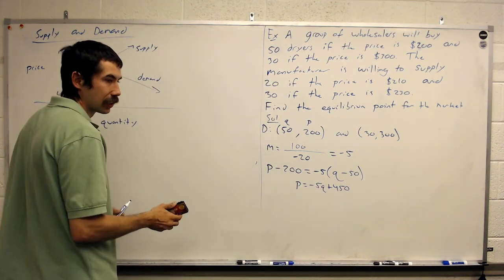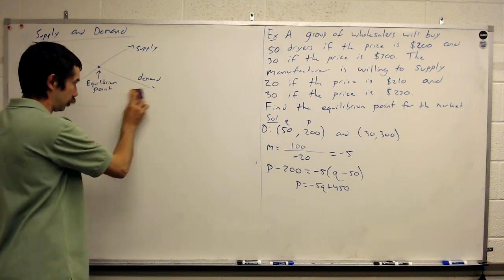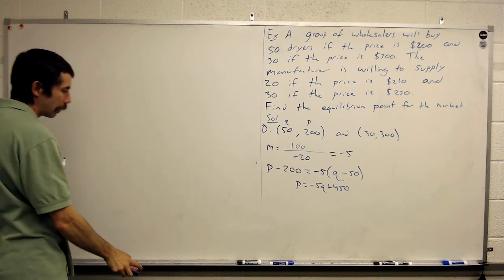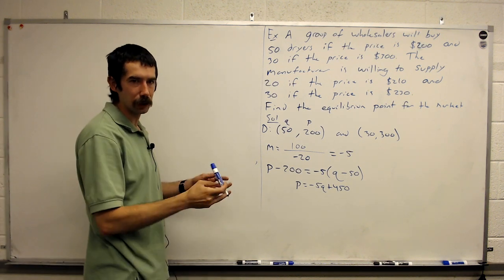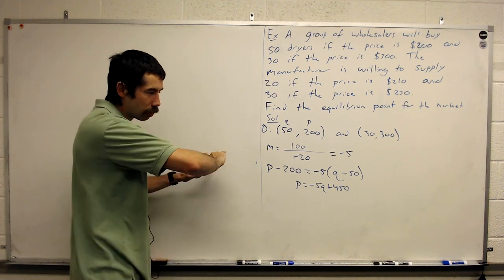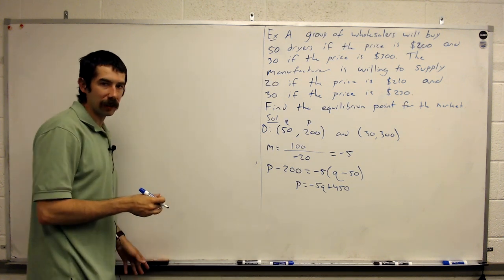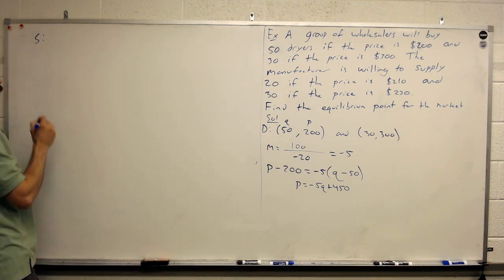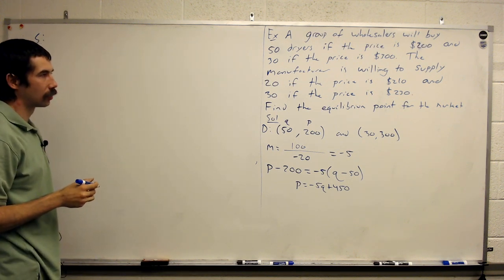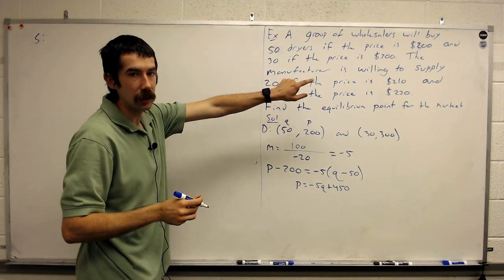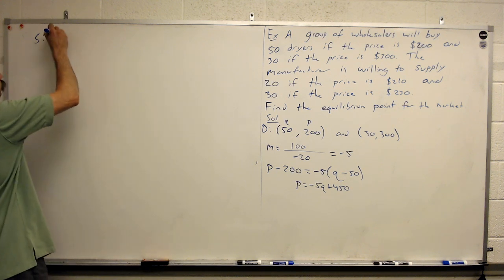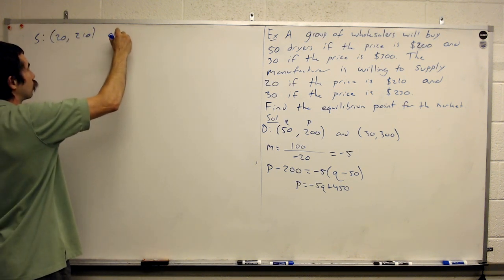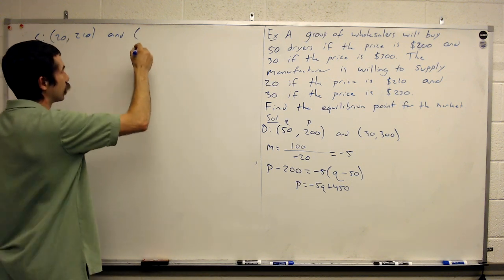Let's now find our supply function. Typically, you'll hear the term demand curve or supply curve. We're going to use more advanced functions later on, but for now, lines are a good way to start. On the supply side, we have the point 20, 210, and the point 30, 230.